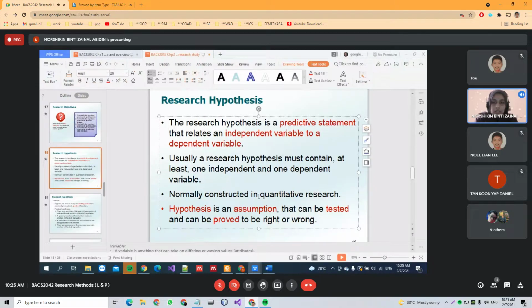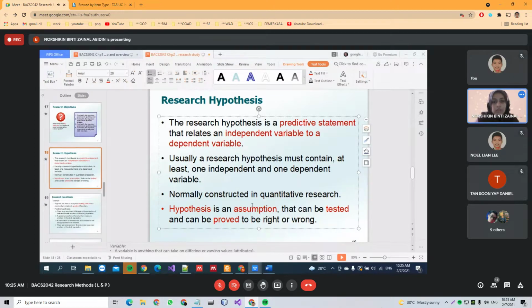Normally constructed in quantitative research. Hypothesis is an assumption or theory that you want to justify or that you want to test. And the hypothesis can be accepted or rejected at the end of your research. But it doesn't mean your research is a fail. It can be right or wrong.